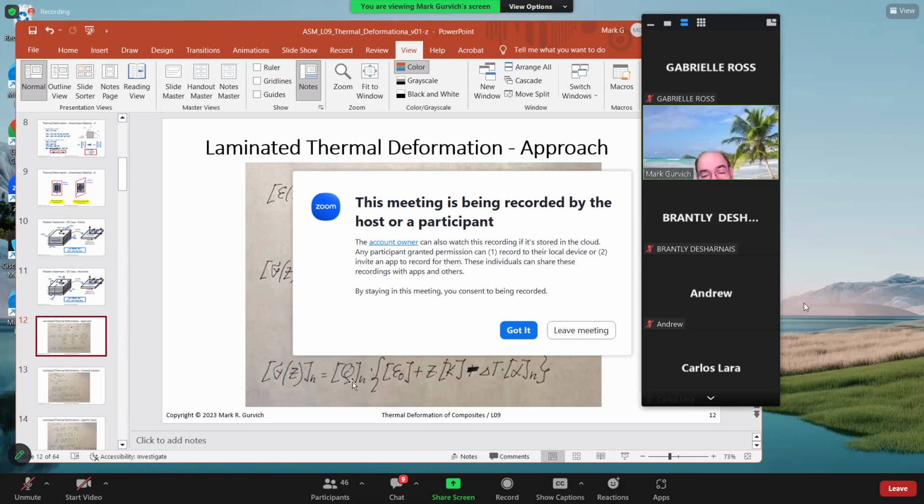In other words, the stiffness matrix multiplied by this summation, epsilon sub 0 plus z multiplied by curvature minus delta T multiplied by alpha. So this is actually a generalization of Hooke's law for an arbitrary case, when in addition to applied load, we also have thermal expansion defined by thermal load delta T.